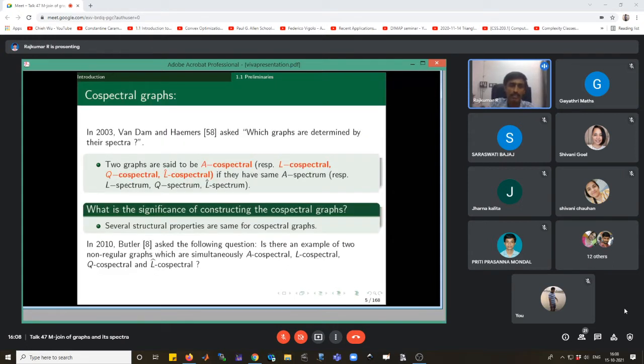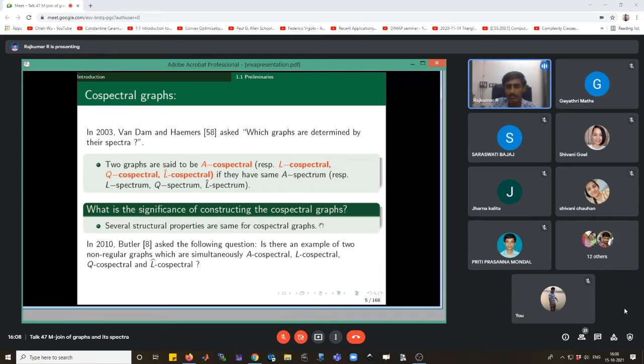Then something about co-spectral graphs. The notion of co-spectral graphs was initiated by the question raised by Van Dam and Haemers. He asked which graphs are determined by their spectra. So people started finding several types of co-spectral graphs.